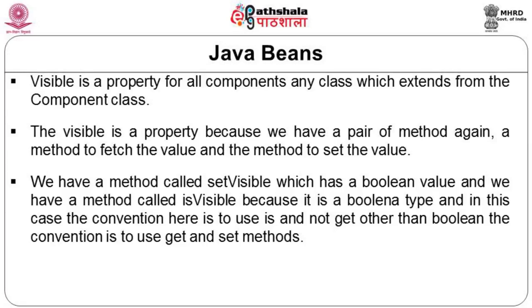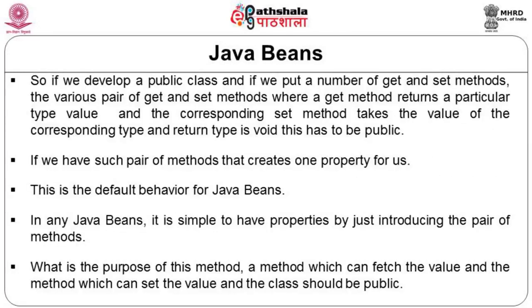So, if we develop a public class and put in a number of get and set methods, a pair of get and set methods, where the get method returns a value of a particular type and does not require a parameter, and the corresponding set method takes a value of the corresponding type and the return type is void, these have to be public methods again.